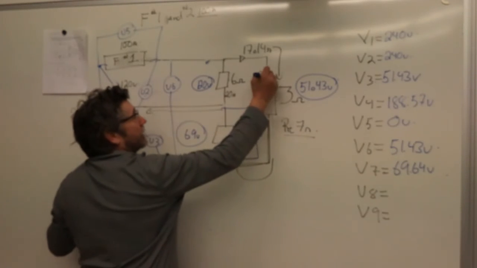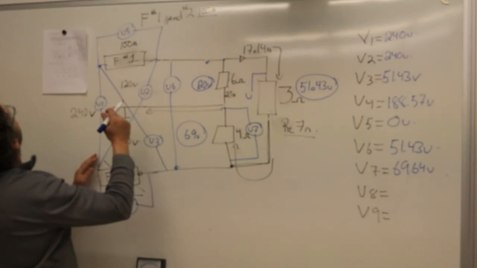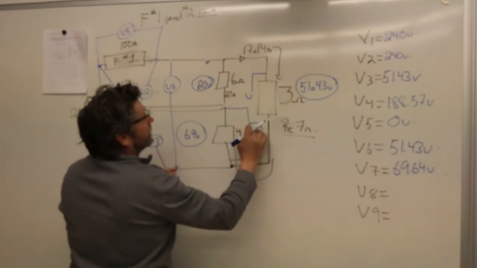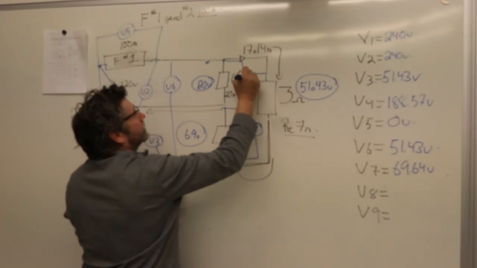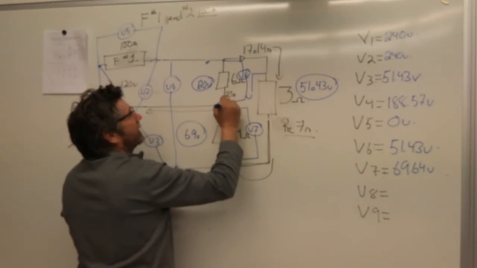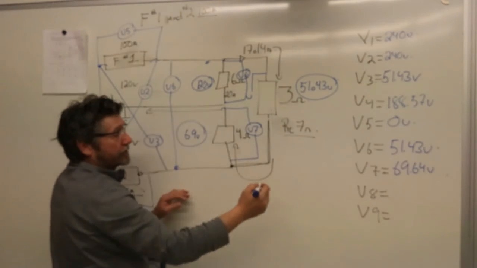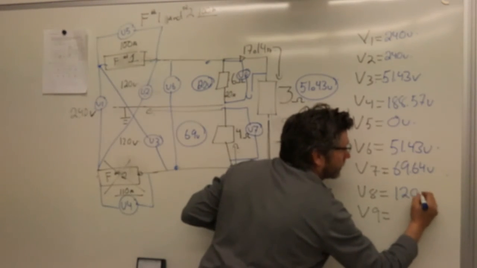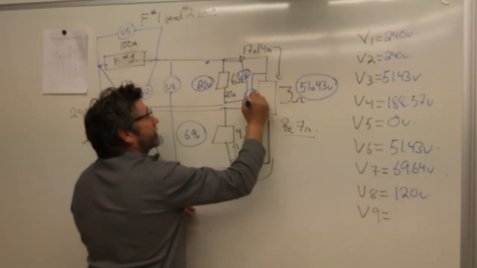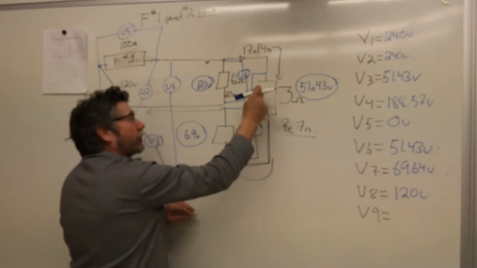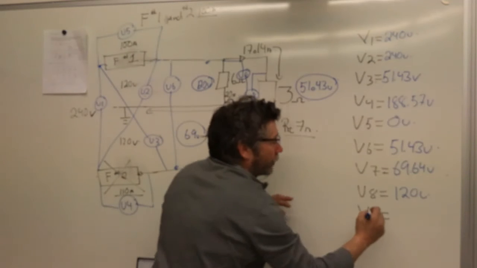Over this one. Oh, that's not V8, that's V9. Sorry about that. This is V8. It gets a little hairy, you've got to keep track of it. The voltage over the 6 ohm resistor is just 120 volts. And then V8 is over the 3 ohm resistor again, so there are 3 readings over this resistor. Don't let that screw you up. It's still 51.43.